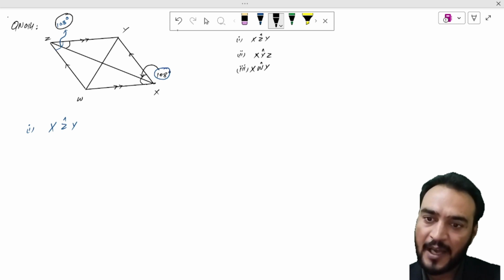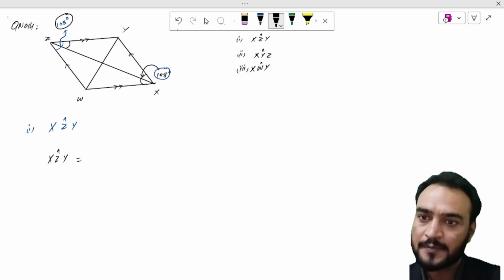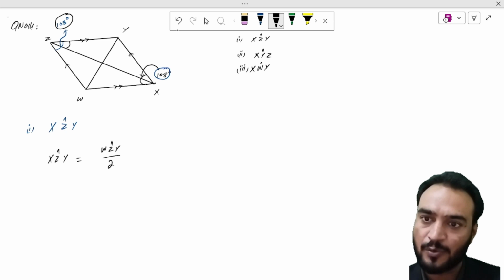So the angle XZY is equal to angle WZY divided by 2. We divide the angle, which is equal to 108 degrees, by 2 to get the angle XZY because the diagonal bisects the interior angles.